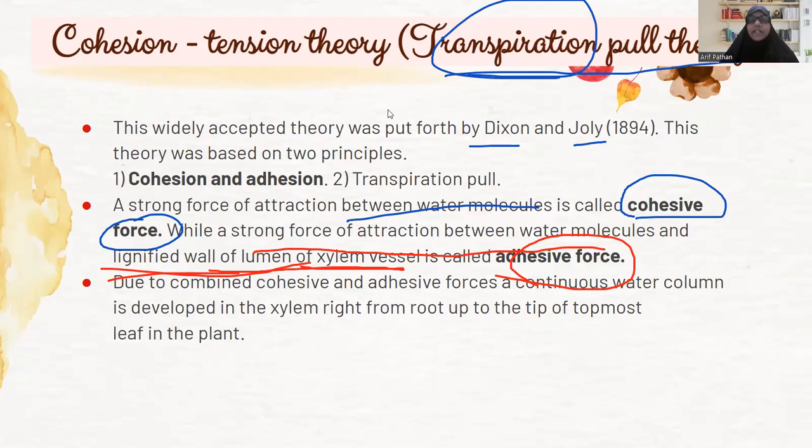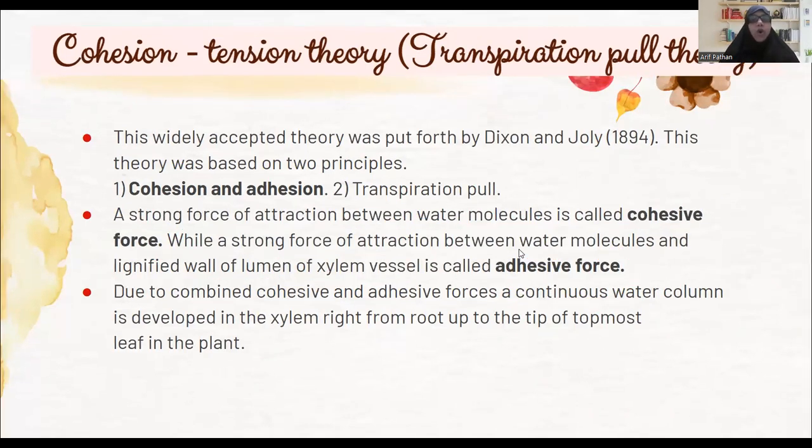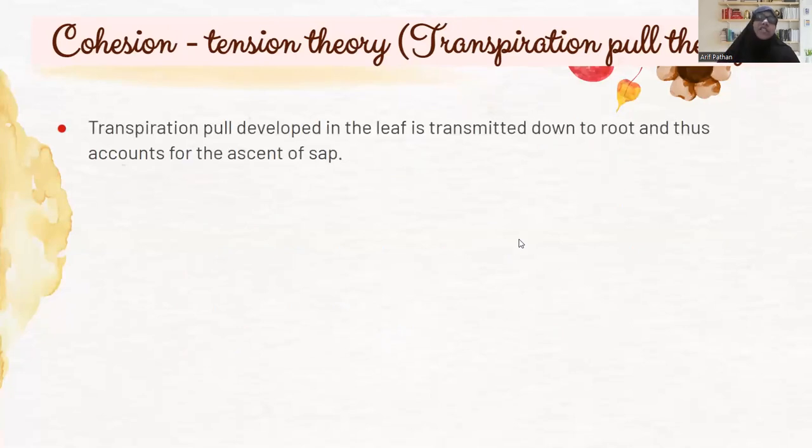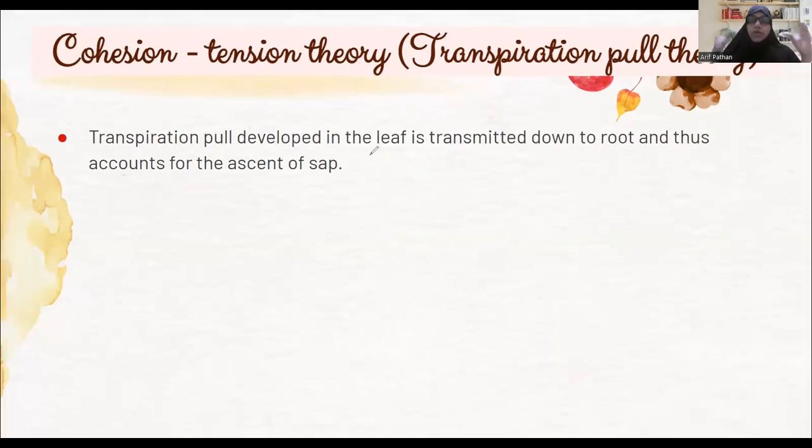The first principle is because of this force existing between the water molecules and the wall of the xylem vessel. Then another principle that supports this theory is the transpiration pull. So one is because of the force, another is the pressure created from above because of transpiration happening. Now, what is this transpiration pull? The leaves at the apex are mostly exposed to sunlight. They are losing water.